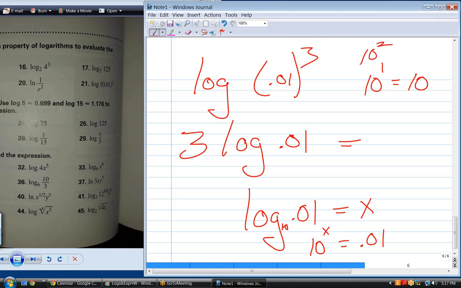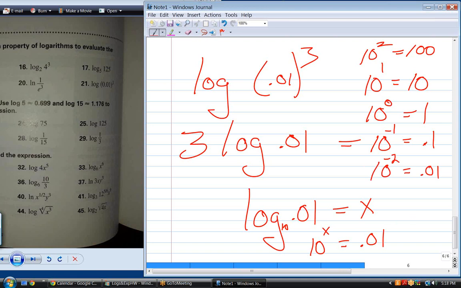Yes. 10 to the 2 is 100. Going the other direction, 10 to the 0 is 1. Any number to the 0 is 1. 10 to the minus 1, you said, was 1/10, which I can write like that. 10 to the minus 2 is 1/100th.